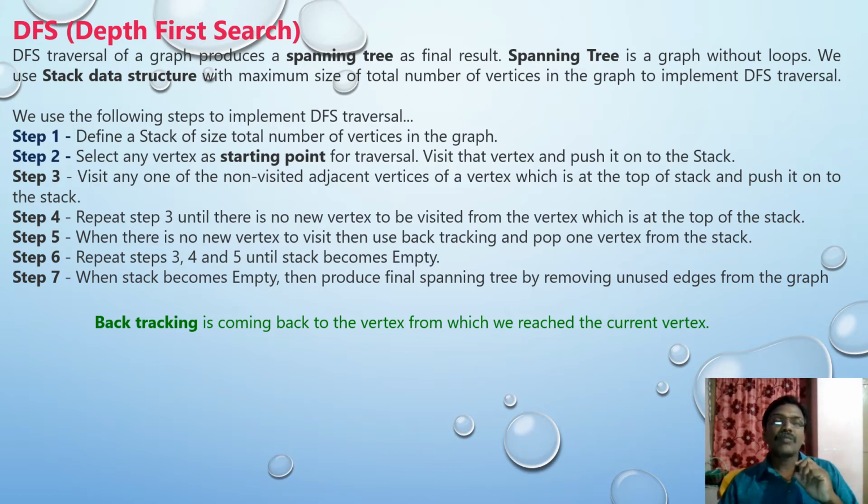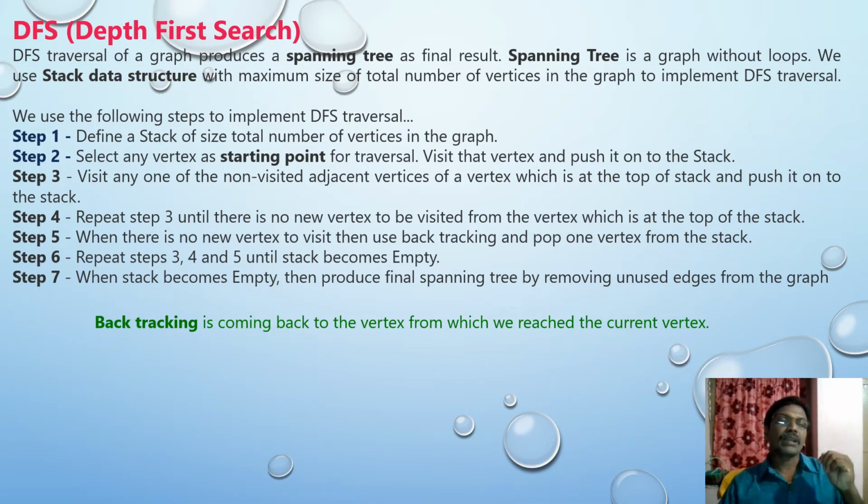And step 5, when there is no new vertex to visit, then use backtracking and pop one vertex from the stack. It means backtracking is nothing but going to the previously visited vertex. At that time, the present top value is popped. Step 6, repeat steps 3, 4 and 5 until the stack becomes empty.